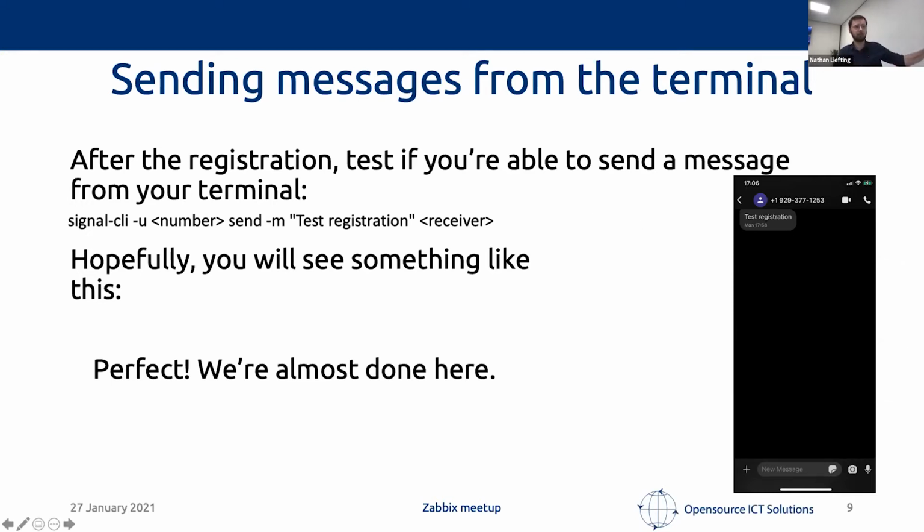And what you're going to end up with is a test. You're going to receive a notification in your Signal application on your phone or on your desktop showing you that it's working as expected. Perfect.